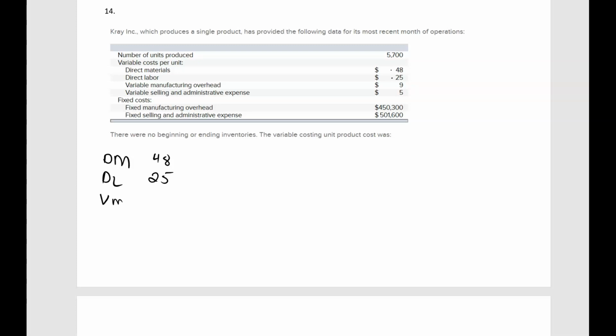And variable manufacturing overhead is $9. Variable costing unit product cost.